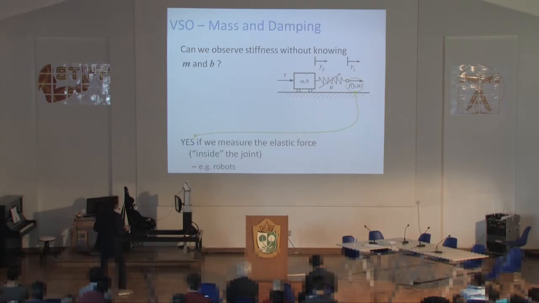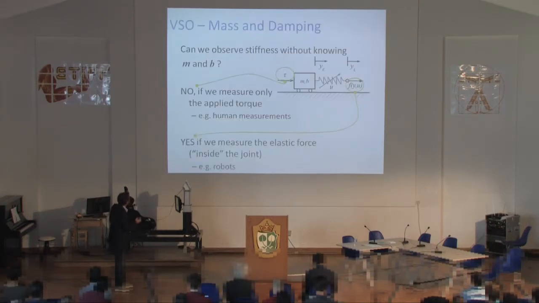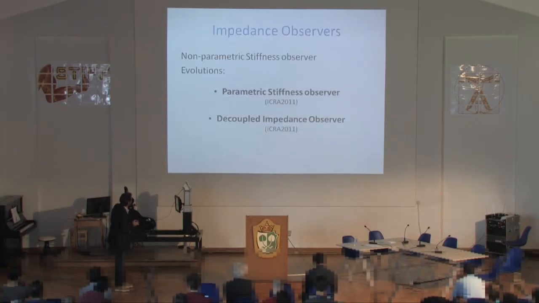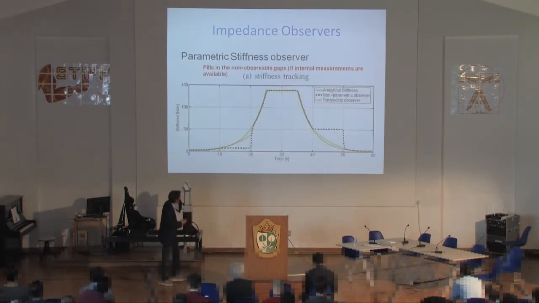Then there are a few more details. Can we do without M and B? Yes, if we measure here. Sorry, here. But there are some more recent evolutions: a parametric stiffness observer and coupled impedance observers. Let me just go through quickly. If you do a parametric instead of non-parametric approach, then you can also avoid this problem of not having a true model when you have static motion.